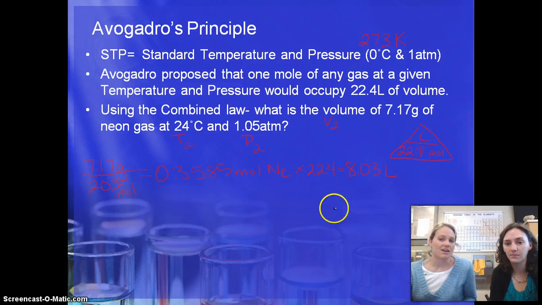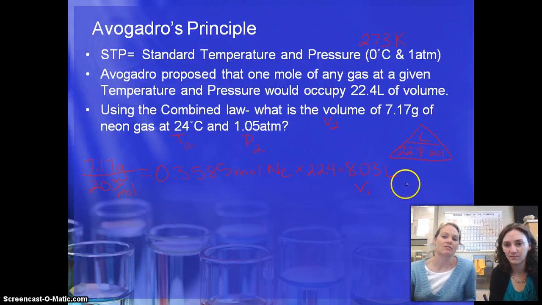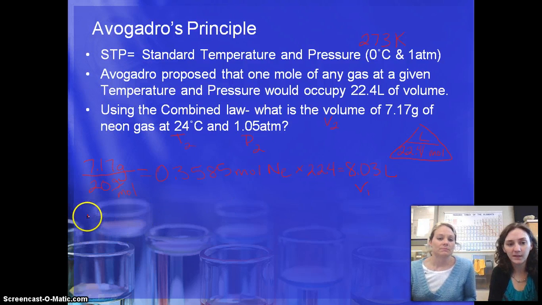What about our temperature and our pressure? We're missing those. STP tells you you can use that triangle, and then you know your temperature is 273 Kelvin, and your pressure is 1 atm. Okay, so let's fill it in. We've got P1 as 1, and then you've got volume next to it, so 8.03.